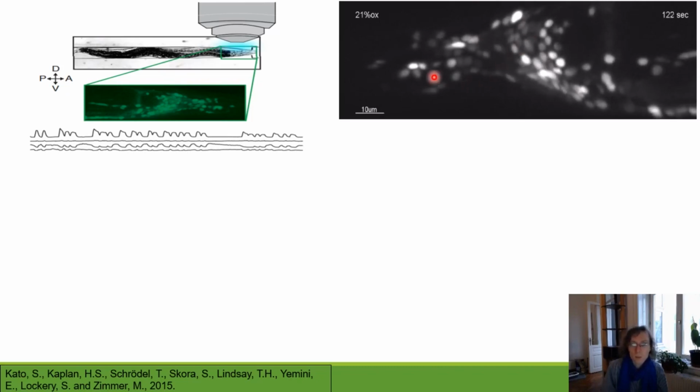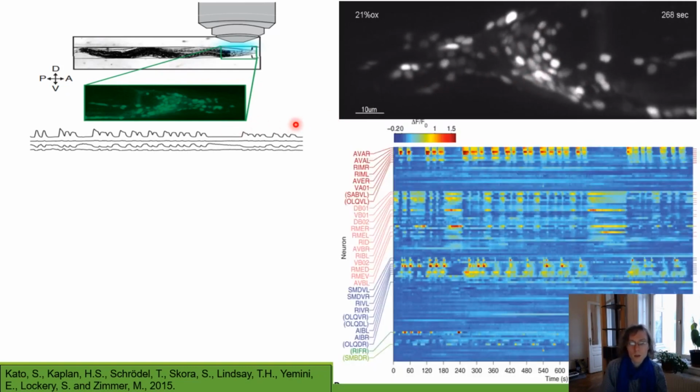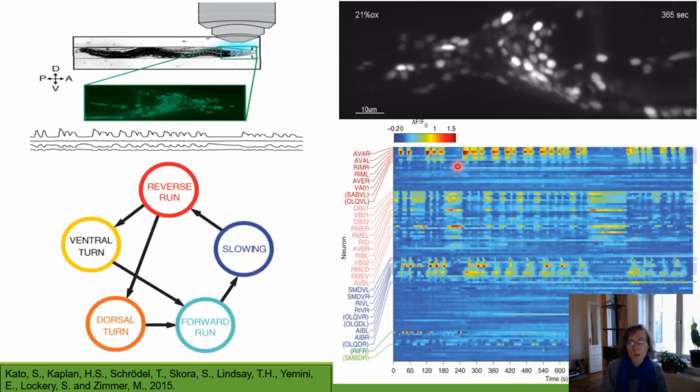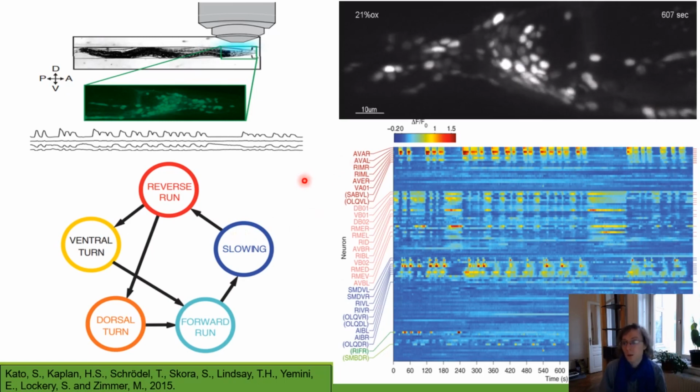We get beautiful patterns of activity that are very coherent across many neurons and across time. We can even interpret those patterns of activity as fictive behaviors because of the well-known names of the neurons and the behaviors that those neurons themselves are associated with.